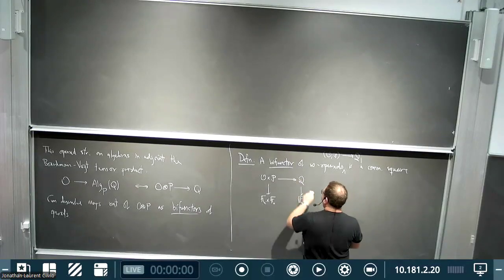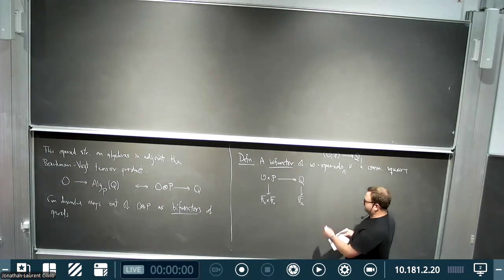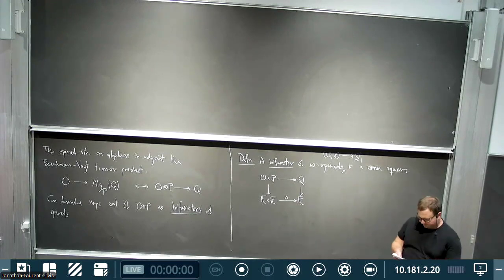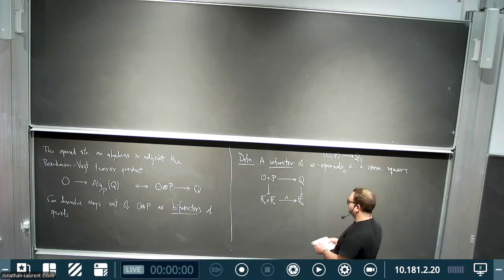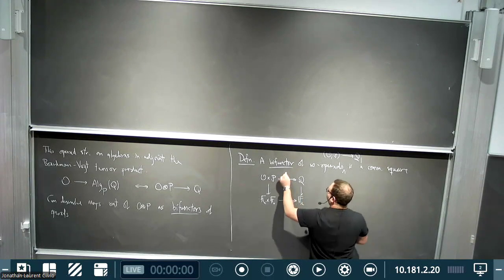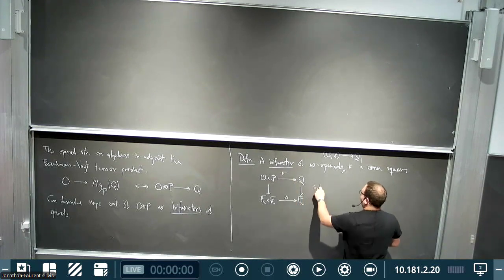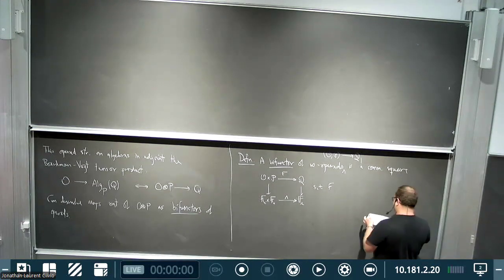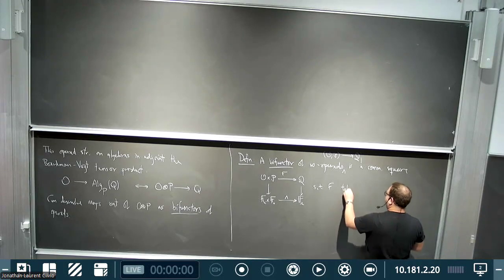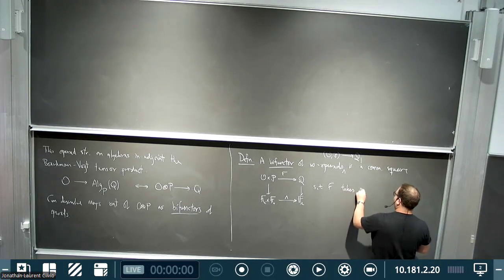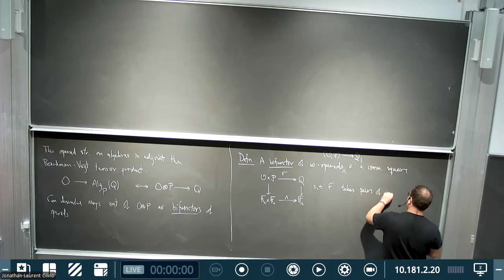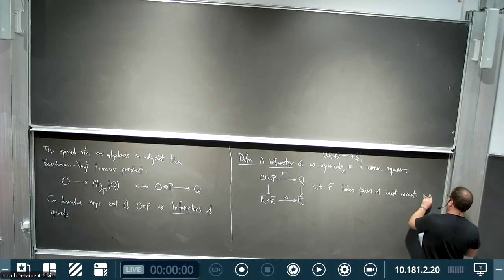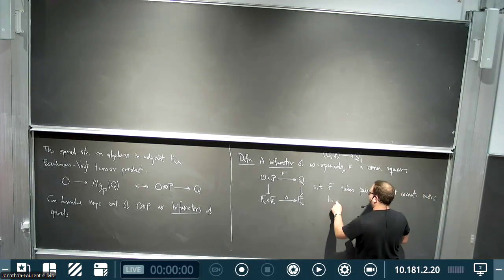And then my bifunctor is supposed to be a map like this that commutes over the smash product of finite pointed sets, such that we should have the square, and this F should have the property that it takes pairs of inert morphisms to inert morphisms.